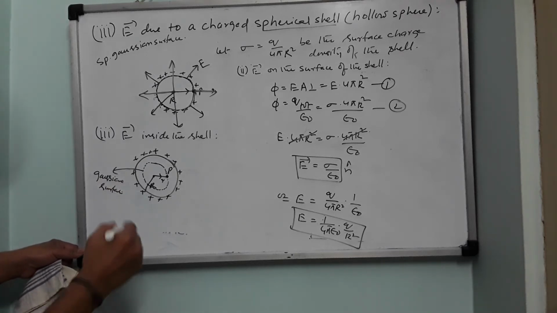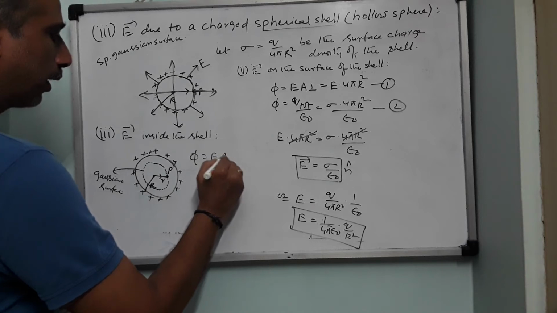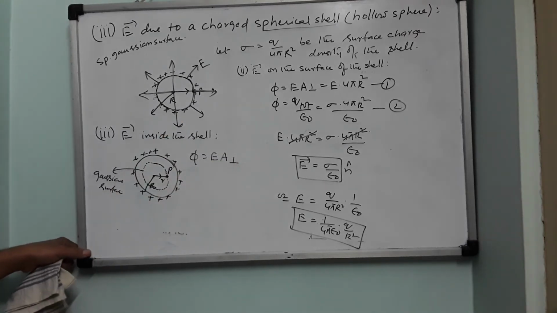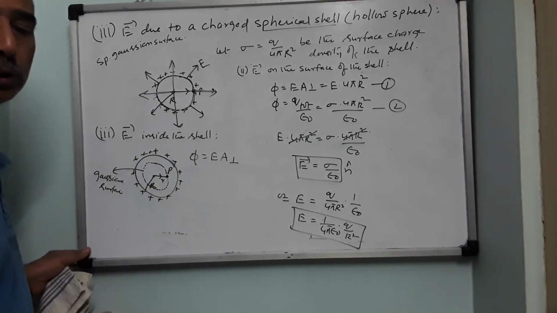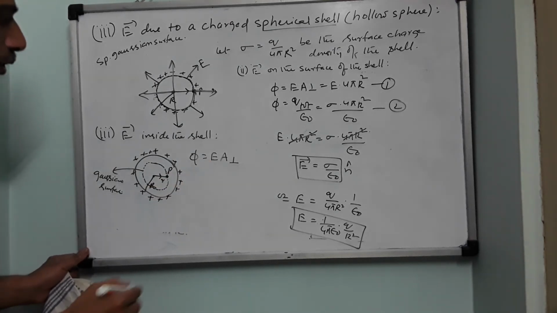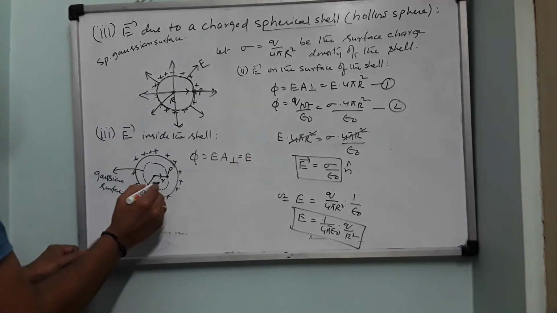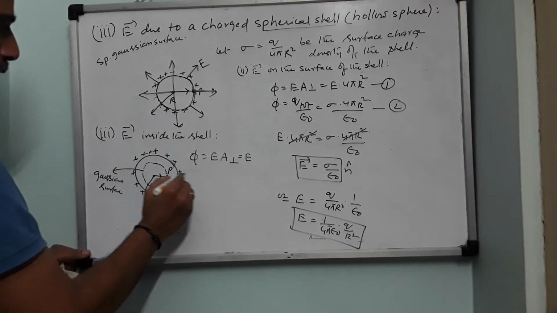Fine. Now calculate flux. Phi equals E into A perpendicular. You better get habituated to writing this equation directly: electric field multiplied by the perpendicular area associated with electric flux. This is the area which is perpendicular to the electric field.